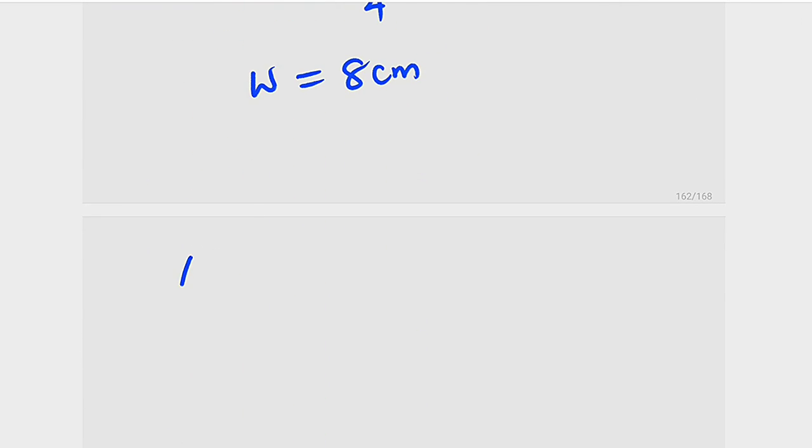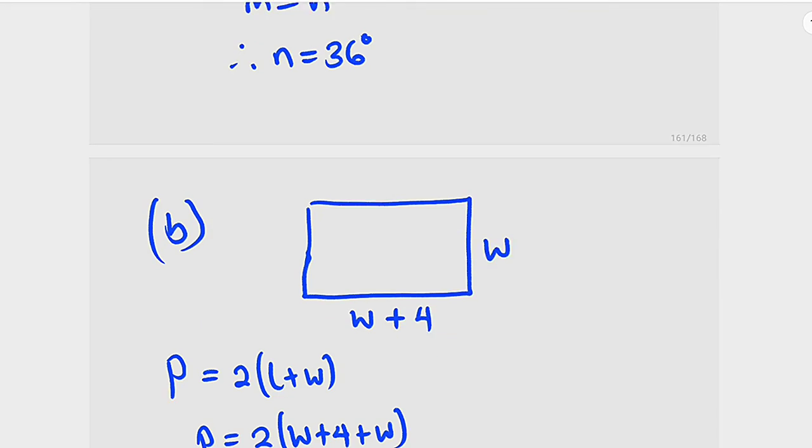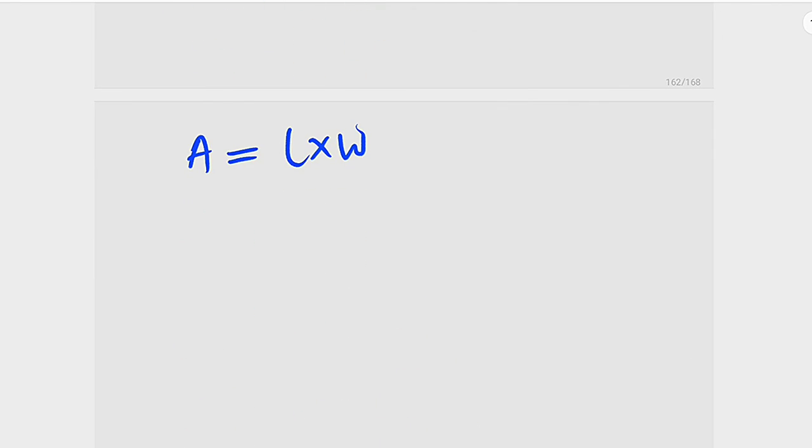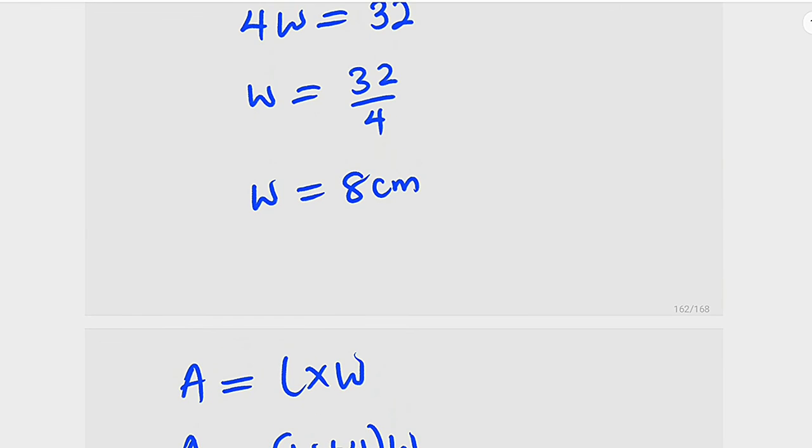And remember that the area of a rectangle is given as what? Length times the width. And what is the length? Remember that length is equal to W plus 4. Here, look at it, W plus 4. So we're going to substitute it. We have A equal to W plus 4 multiplied by W. But W is equal to 8.